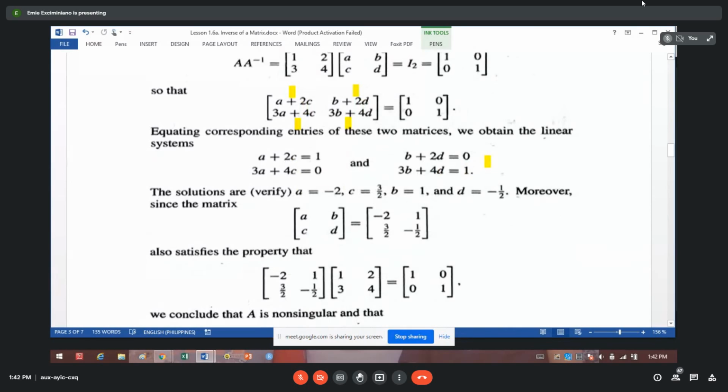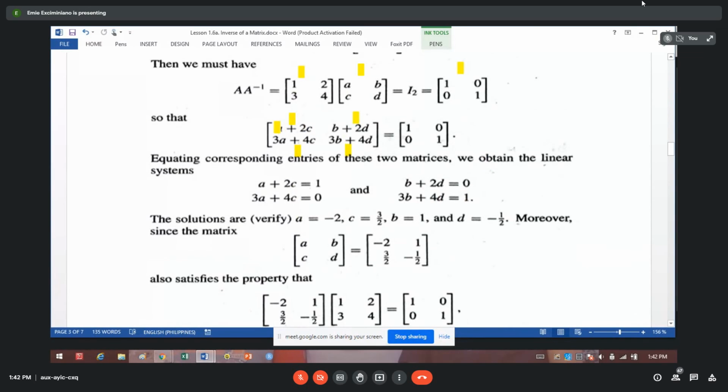Pag in-equate nyo yan, dapat nagko-correspond doon sa pwesto niya sa matrix, di ba? This is A11, should be equated to A11 also of the identity matrix. O, A plus 2C equals 1.